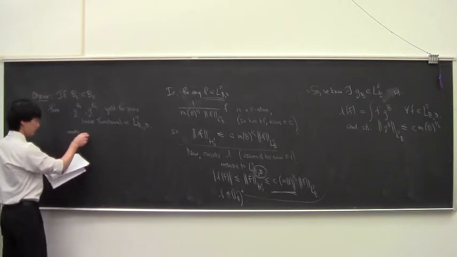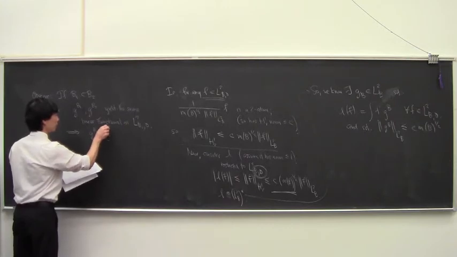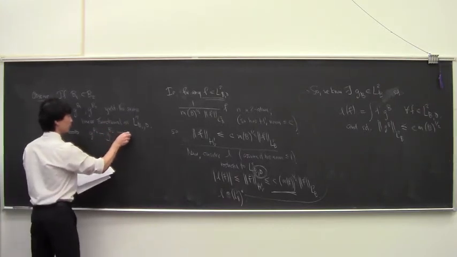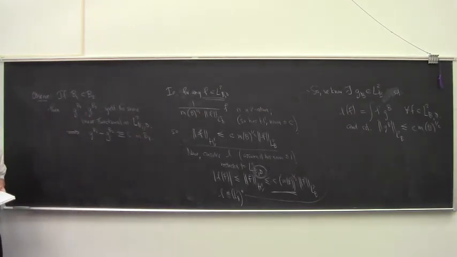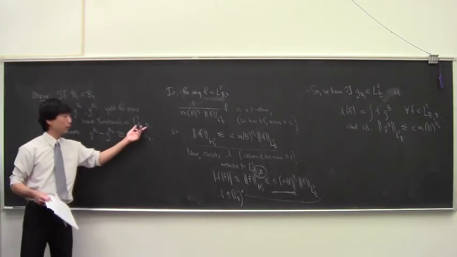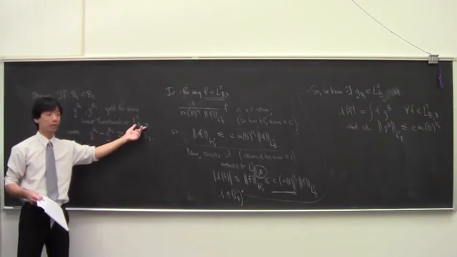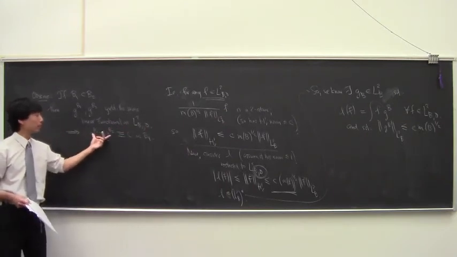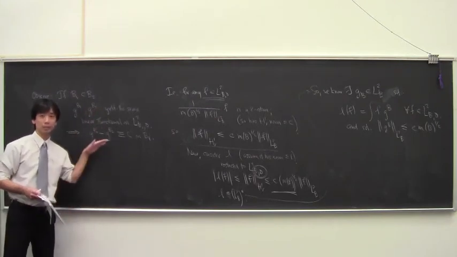And that implies that they must differ by a constant. G B1 minus G B2 is some constant on B1, because you're integrating these guys against functions with integral 0. If it's the same linear functional, they must differ by some constant.